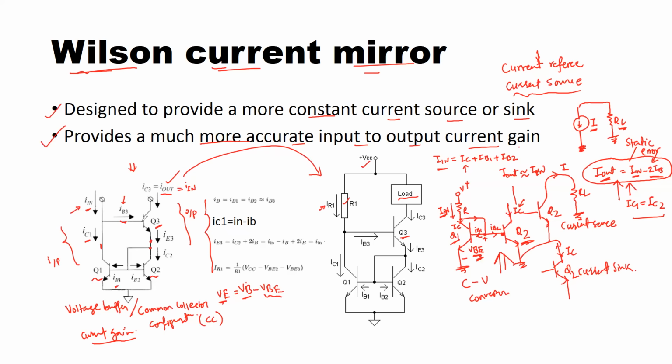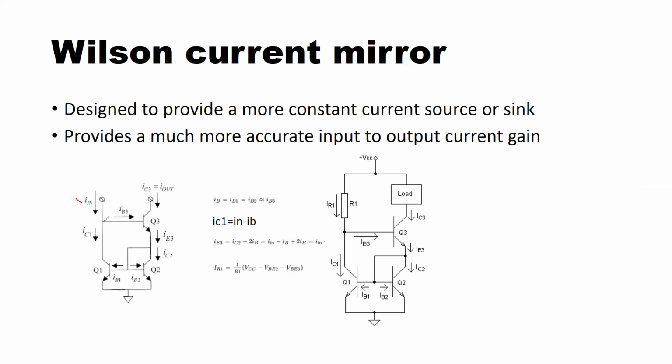So let me get rid of the drawing. Coming back here, I in gets split into two parts right here. Assuming that Q1 and Q2 are exactly matched, they are transistors of the same type. It means their beta are matched, they have equal base emitter voltages, and they have equal properties. So there is a perfect symmetric condition, and therefore the currents IC1 and IC2 can be said to be equal.